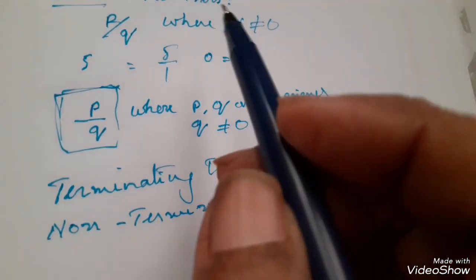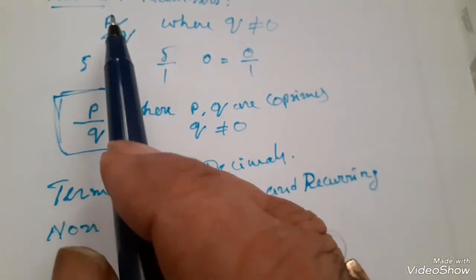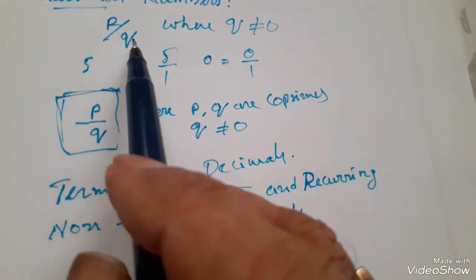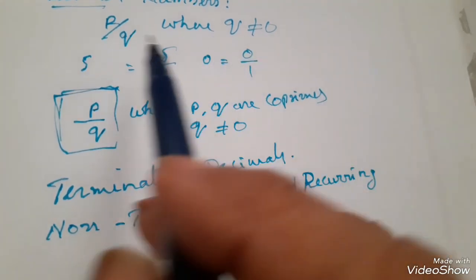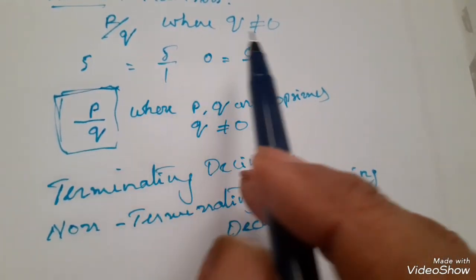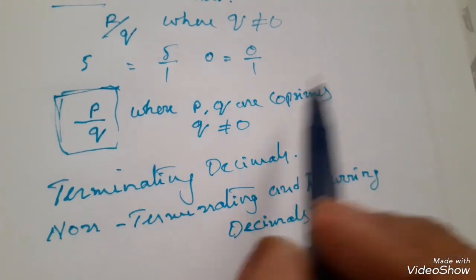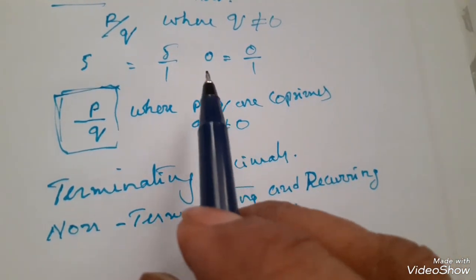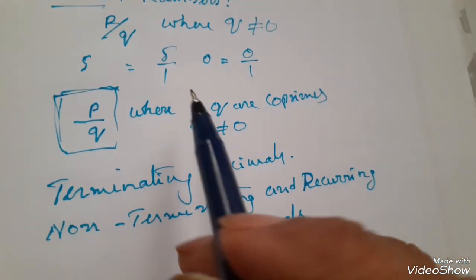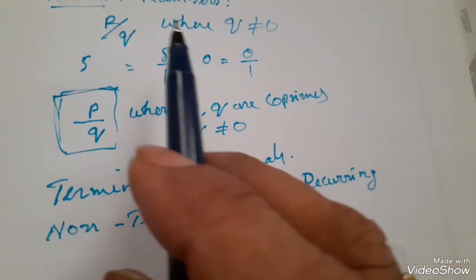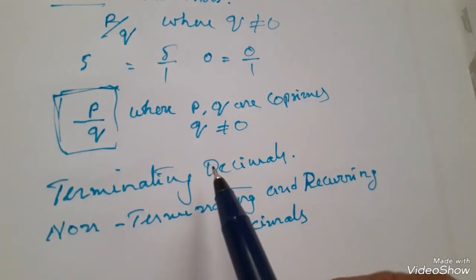So you must remember that a rational number is a number which can be expressed in p by q form where q is not equal to 0. Now every integer we can write as a rational number. All integers, all natural numbers, all whole numbers we can write in p by q form. They are all called rational numbers.